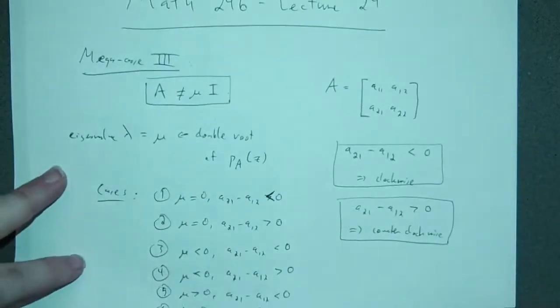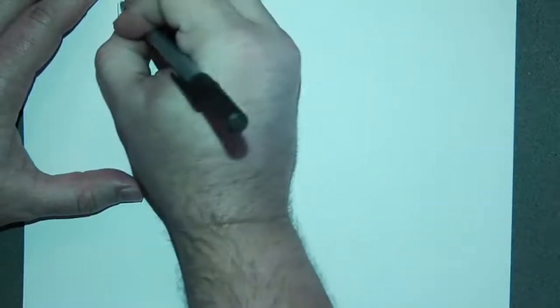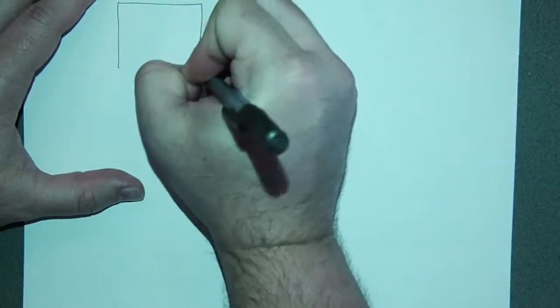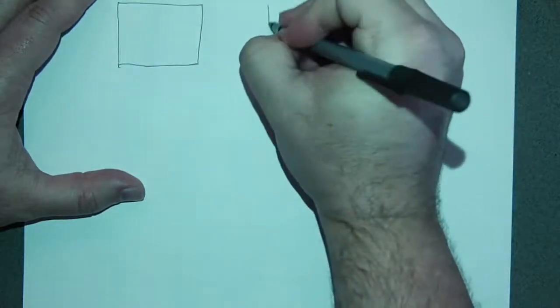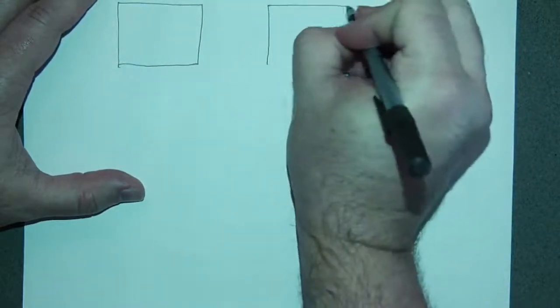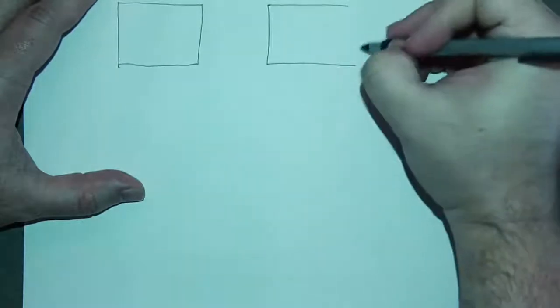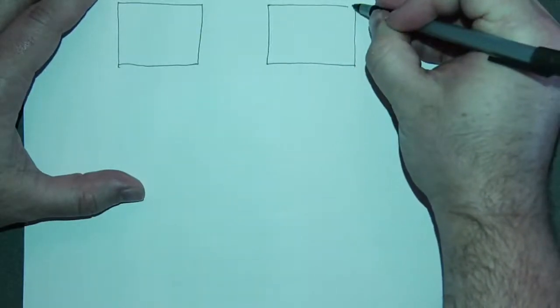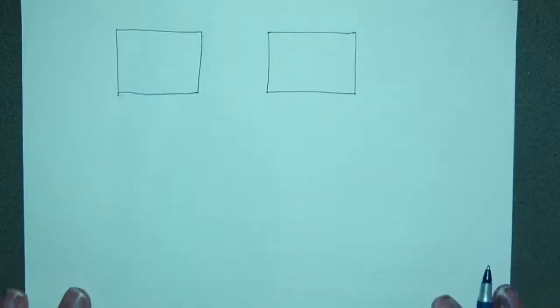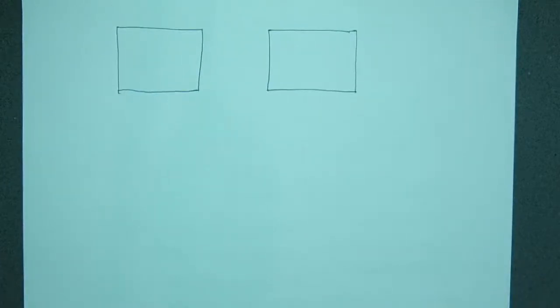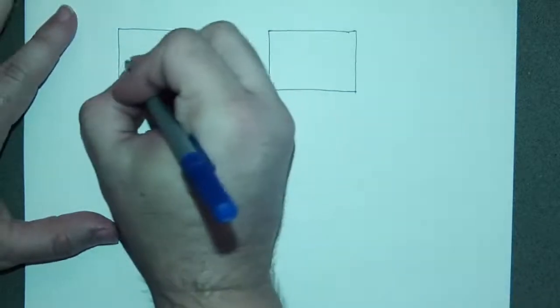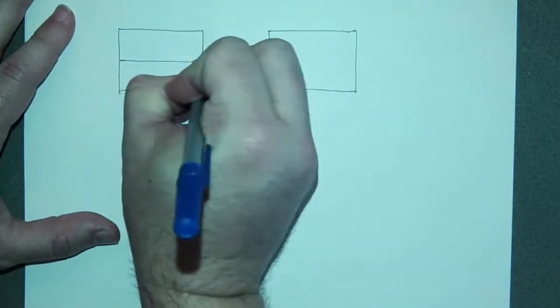So let's see what these cases look like. For the first two cases, I will put the eigensolution trajectories in blue here. Everything else will be in black, if I can get my blue pens to work. So here's my eigensolution.